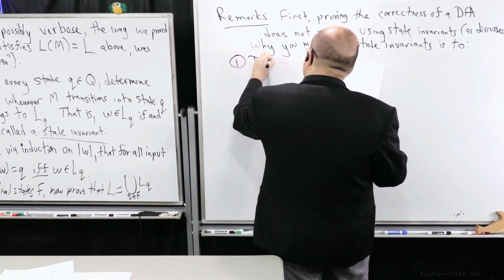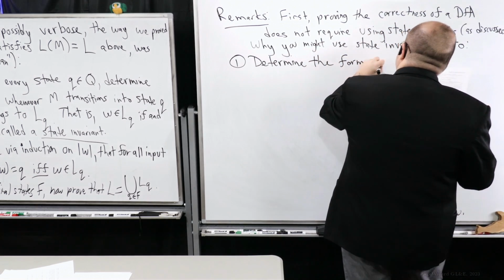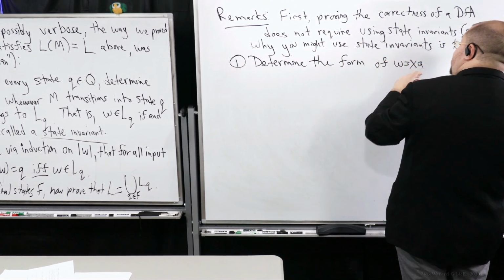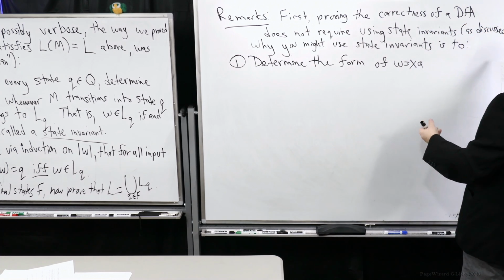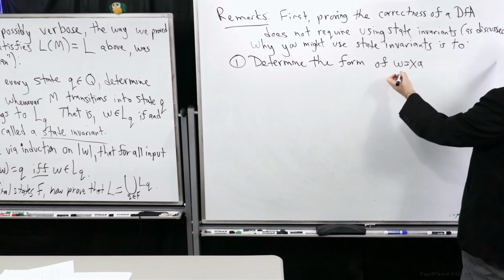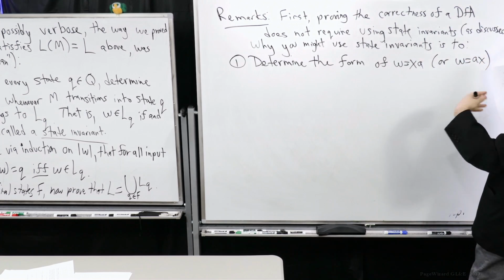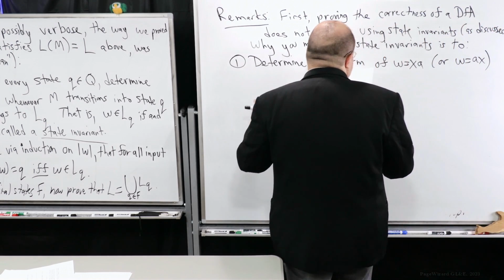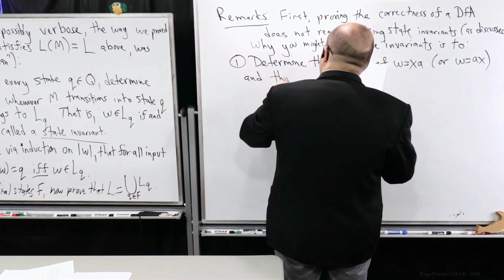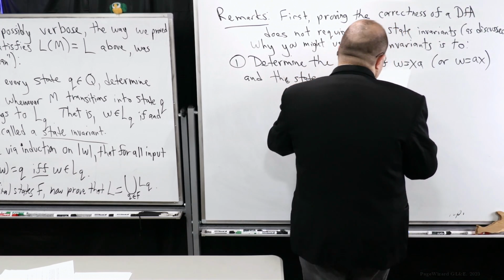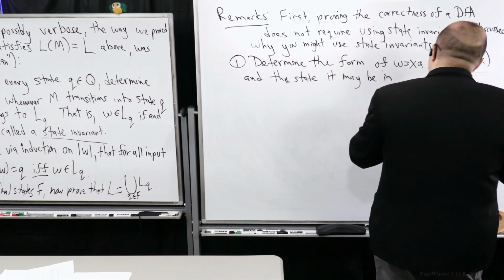One, determine the form of W equal to XA, as we have in the induction proof, in the inductive part of the definition of computing for a DFA via the extended transition function. Or equivalently, W could be equal to AX, depending on how you define the extended transition function. And the state it may be in during the induction step.